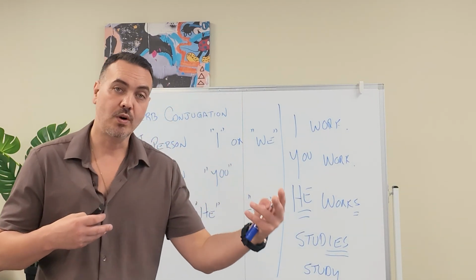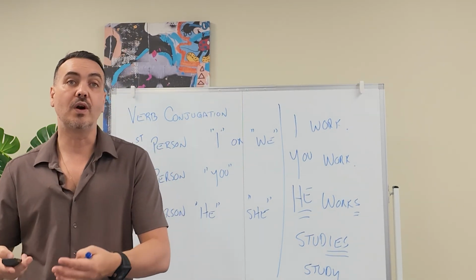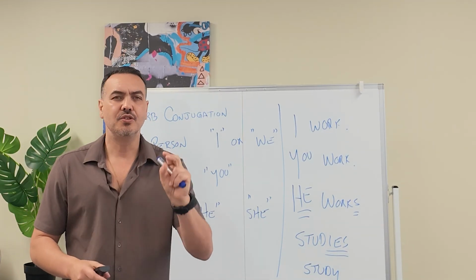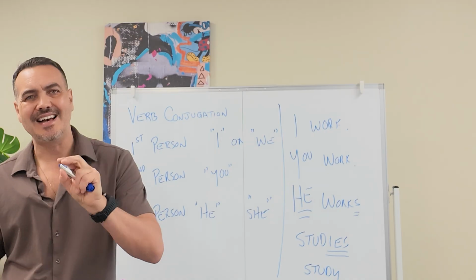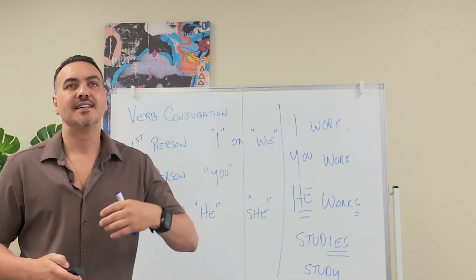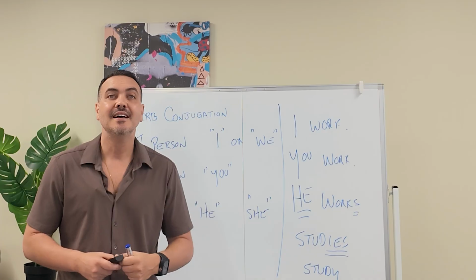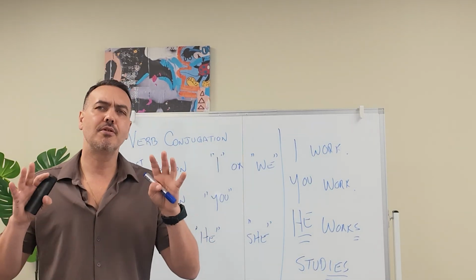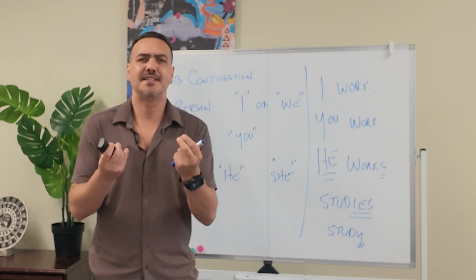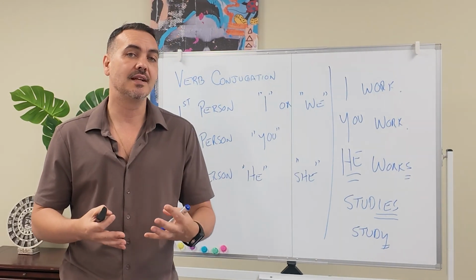For example, I work, you work, we work, they work, okay? But with he, she, and it, you usually have to add S or ES, okay? For example, he works, she studies. It goes. Okay? This is one of the most important grammar patterns in English. Once you understand this, your sentences will become much clearer and more correct, and you'll start to sound like a native speaker.